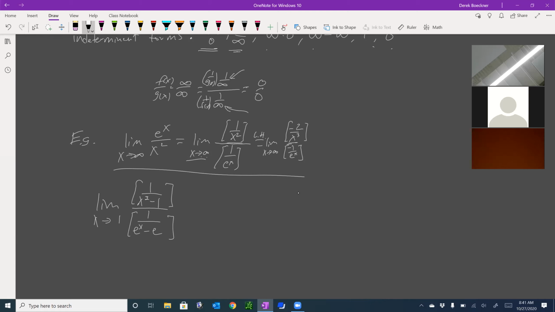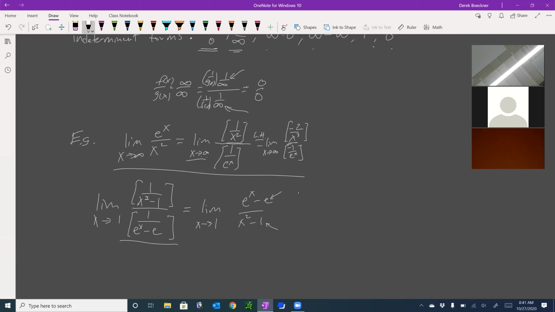Okay. So to get this to go to 0 over 0, I'm going to rewrite it as the limit as x goes to 1 of e to the x minus e over x squared minus 1, right? That's the same expression here, only I've changed the tops and the bottom.